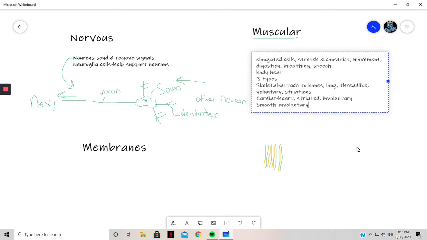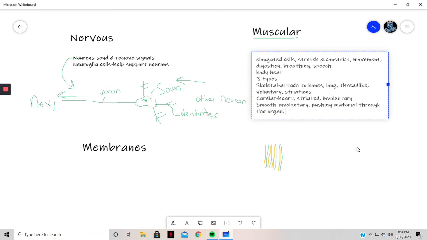All right. And so basically, smooth, as I said, it's just pushing material through the organ. And so we're talking respiratory, digestion, urinary, all that stuff.